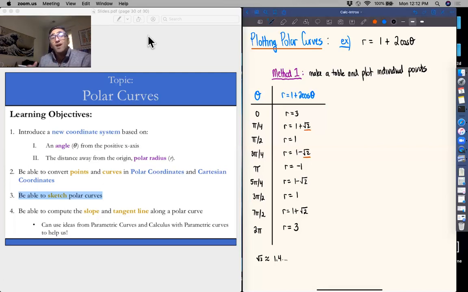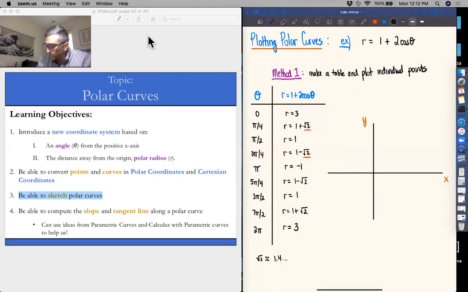So let's try to sketch some of these points right away. Remember, polar curves live on the XY plane, so this is where we sketch them. Looking over our r values, what is the furthest we're ever going to be from the origin?